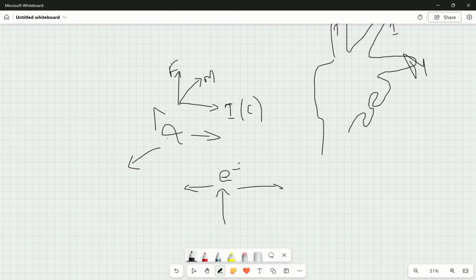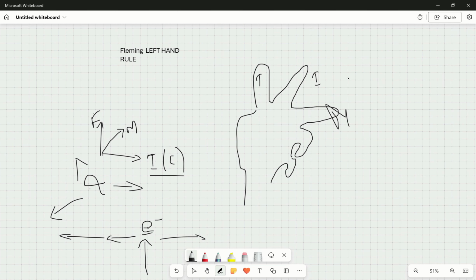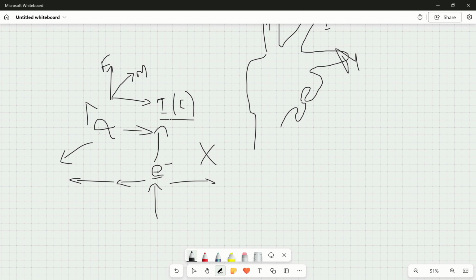The normal mistake made by students is that they think the direction of current is the direction of the electron. They place the middle finger in the direction of the electron, then place the thumb in the direction of force because it is deflected, and so they get that the magnetic field is upwards, but that is totally wrong because the direction of the electron is not the direction of current.